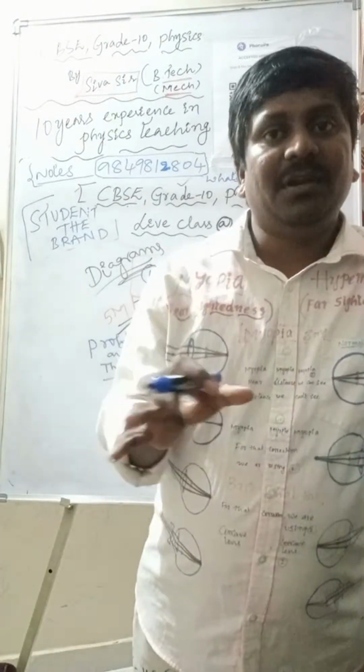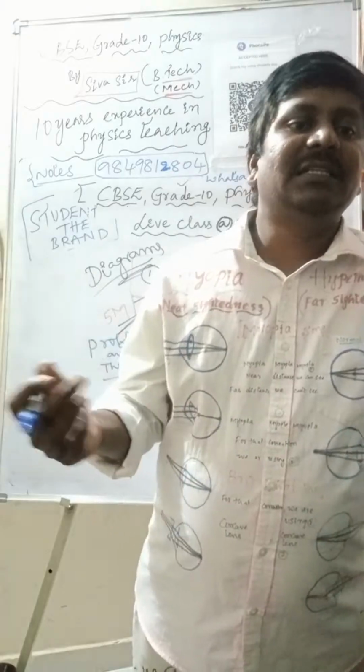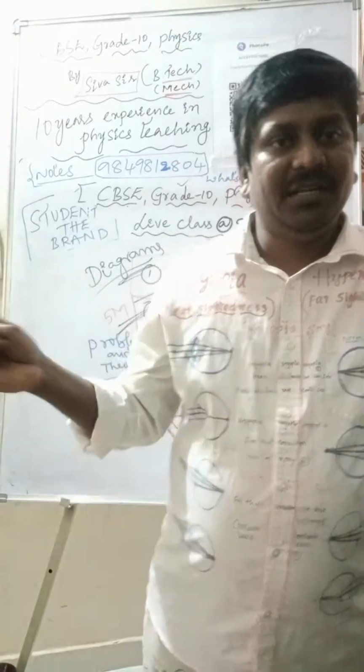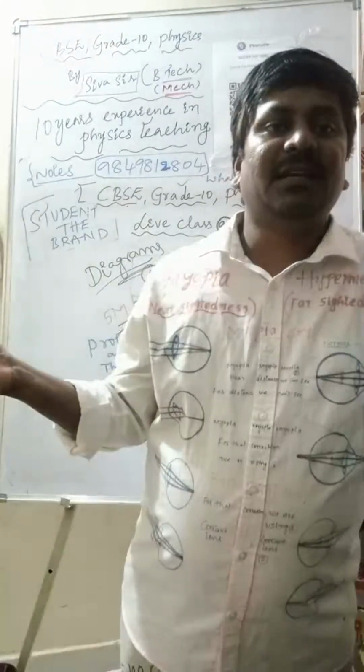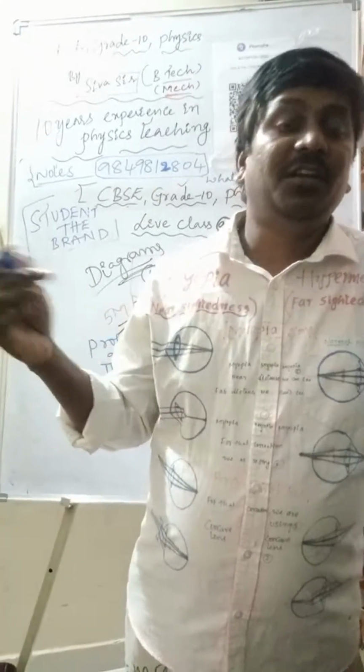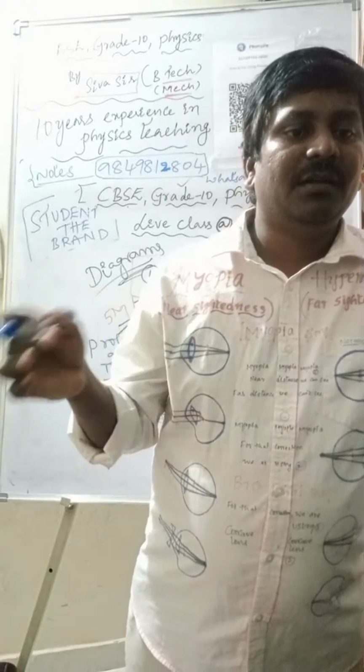That is the reason I am not planning a morning class. But evening classes I'm planning at 6 o'clock. Today I thought of the remaining chapter, magnetic effects of electric current, the complete chapter, and human eye and colorful world also I'll explain.